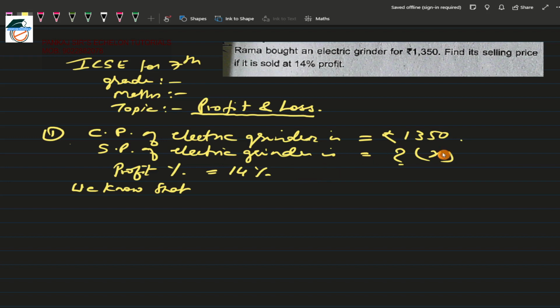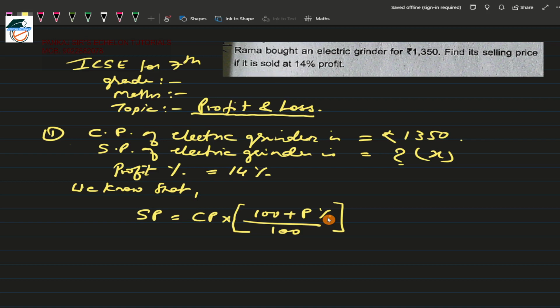You are supposed to find out the selling price, so this formula you have to use: selling price equals cost price times, in the bracket, 100 plus profit percent, divided by 100. This is the formula for selling price if you want to find out the selling price, given that the profit percentage is so and so.